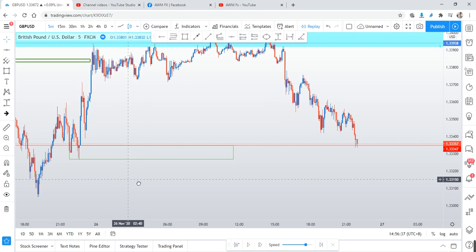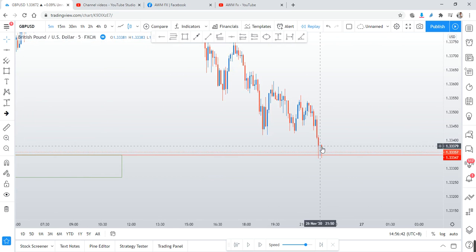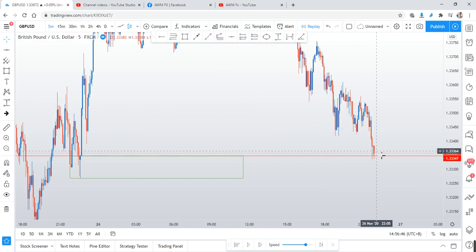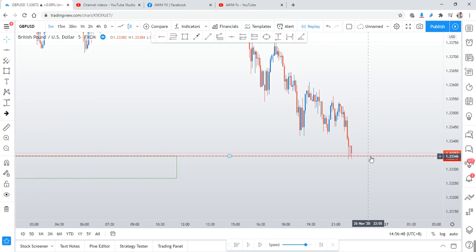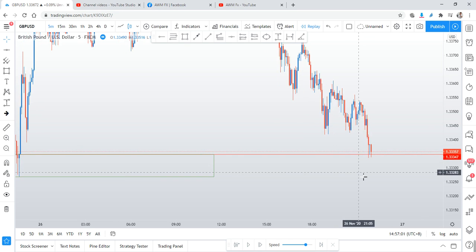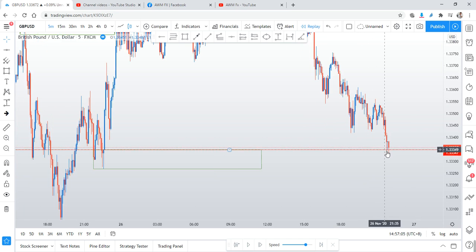So my problem here was that once it rejected, it came back down. When the price went down and then went back up, it did not form any fresh demand zone of its own. And when the second time the price came down, I didn't get out of this trade. So this was one of my mistakes.